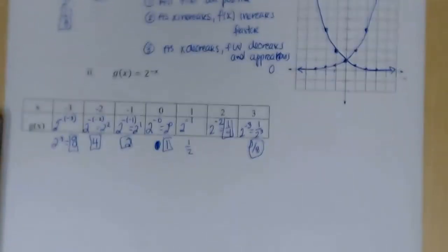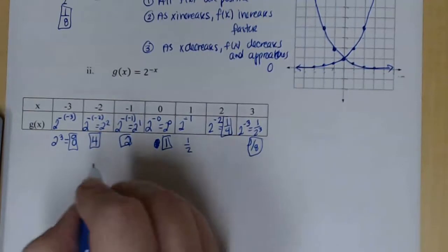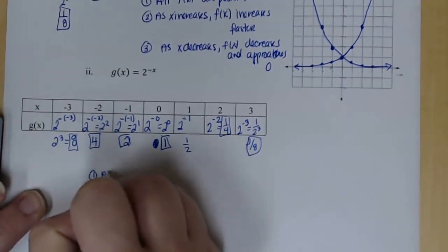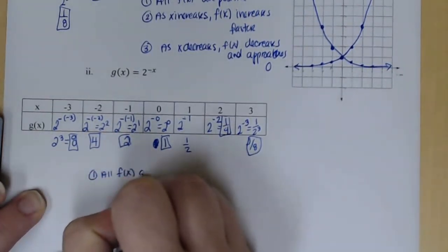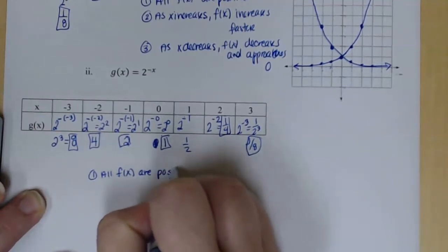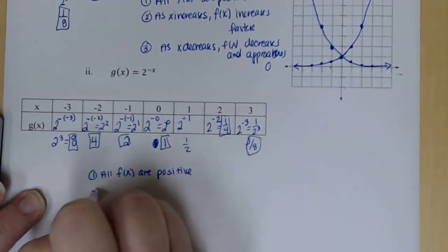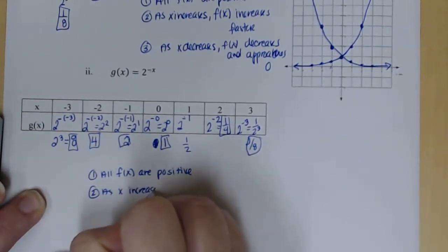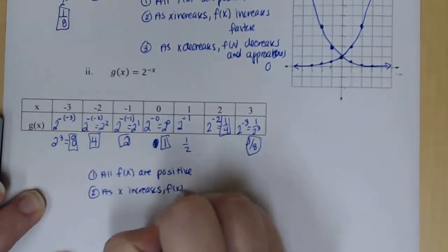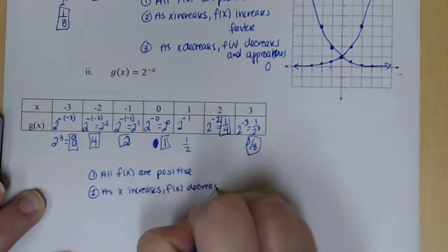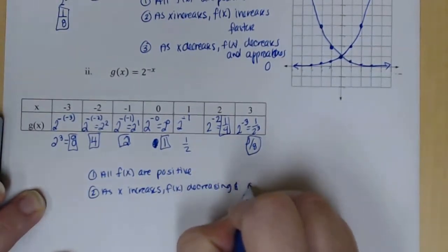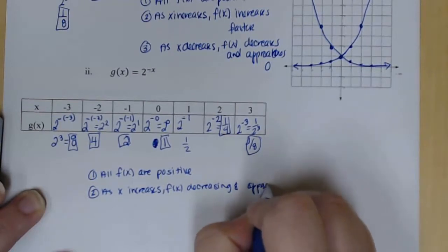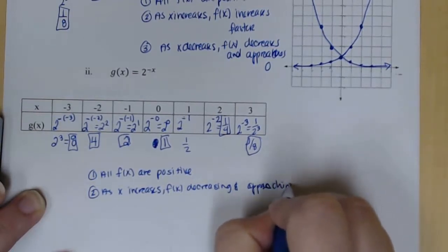But let's make some notations about what we see with this one. First of all, we see that, 1, all the f of x are positive. 2, we see that as x increases, f of x is decreasing, and it's approaching 0.